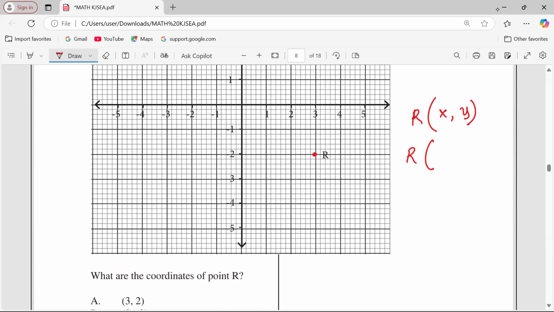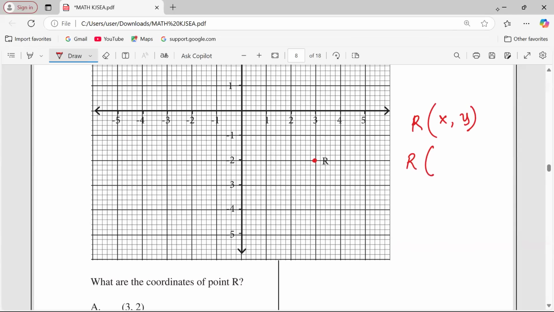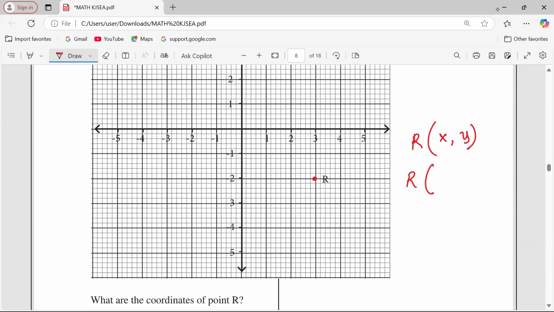Let's get the X coordinate by directly connecting R to the X axis. And you see when you move upwards now, you are getting 3. So we have 3. Then on the Y, we move horizontally, and we are getting a -2.